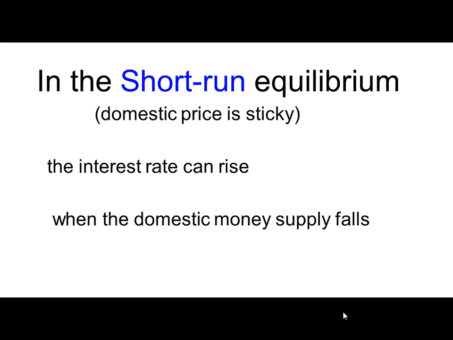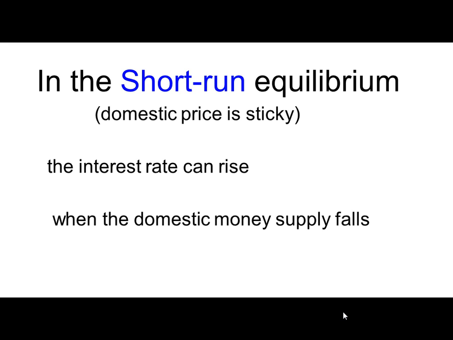However, in the short term, as we have learned so far, when the domestic price level does not change, it's different from this long-run relationship. In the short term, interest rates can rise when the domestic money supply falls because the price level does not change.